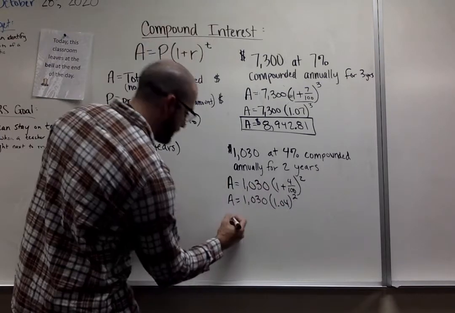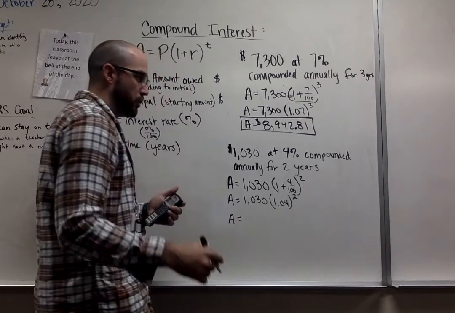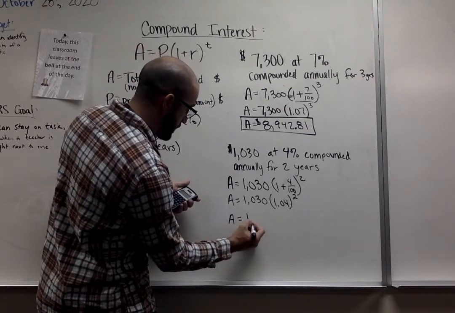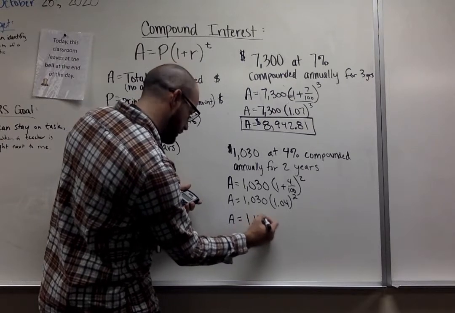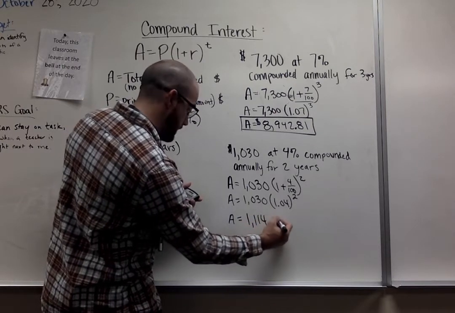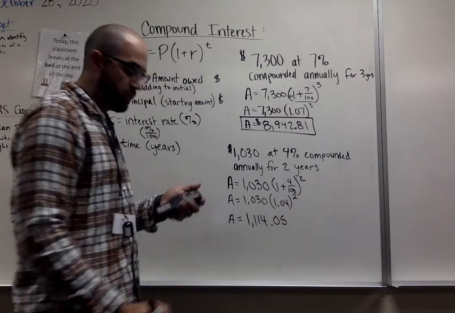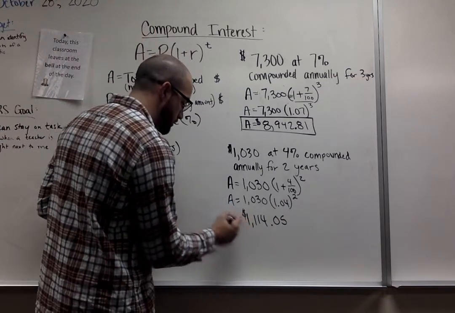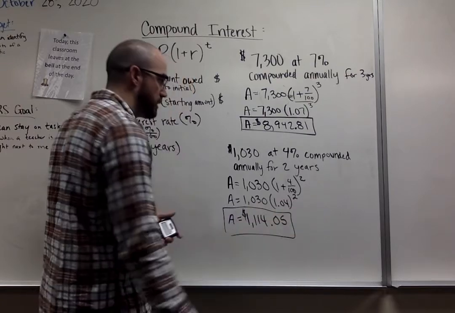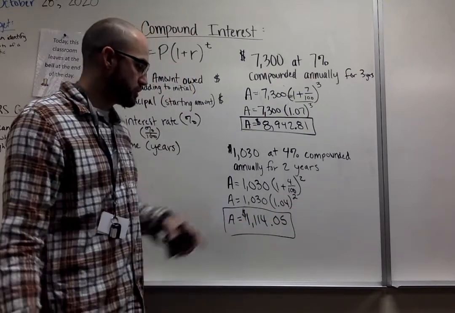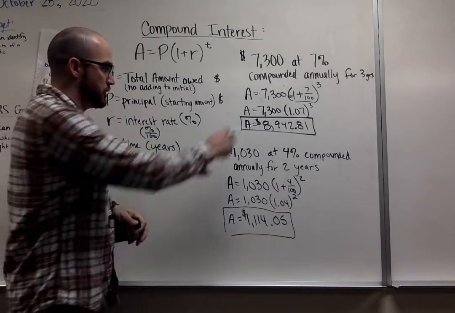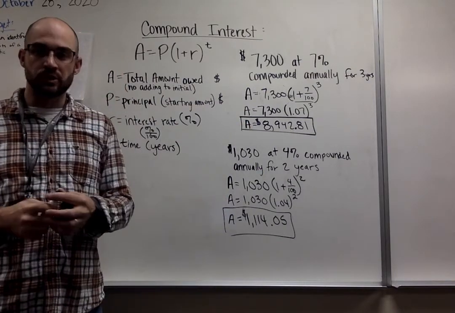And that gets us our total after 2 years of what's owed, which is $1,114.05. It's 0.048, so the 8 is going to round that 4 up to a 5. So this would be my final answer. Again, our answers are in dollar amounts. We're talking about money, so make sure you put that dollar sign next to it to have a good unit for what you're doing there.